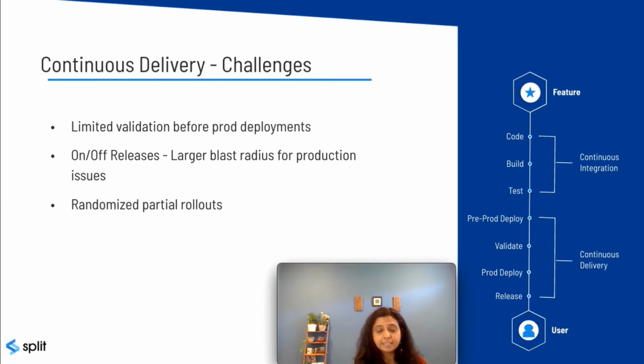First of all, there is limited validation. Most pre-production environments are not at the same scale and do not have the same configuration as production environments. So they're not a true reflection of how a feature release would impact the production environment. Also, with an on-off toggle-based release, we typically release to 100% of the users.